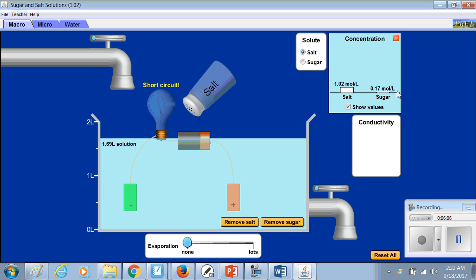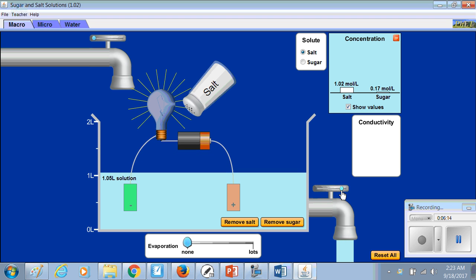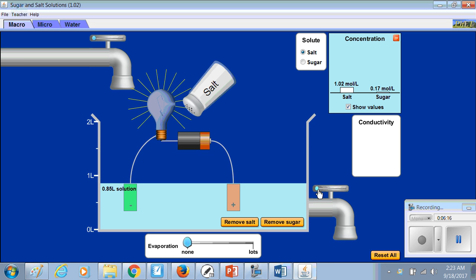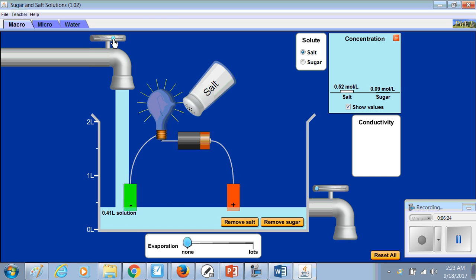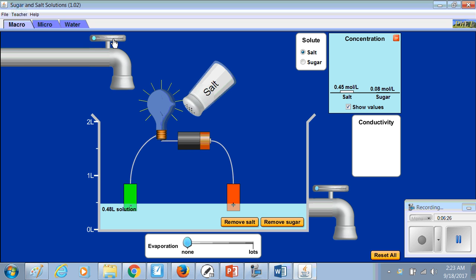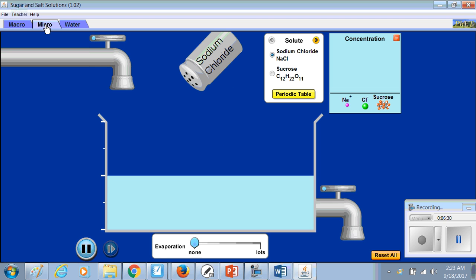If I remove some of the water, I'm going to watch the concentration increase. All right, so let's start looking at this at a microscopic level.